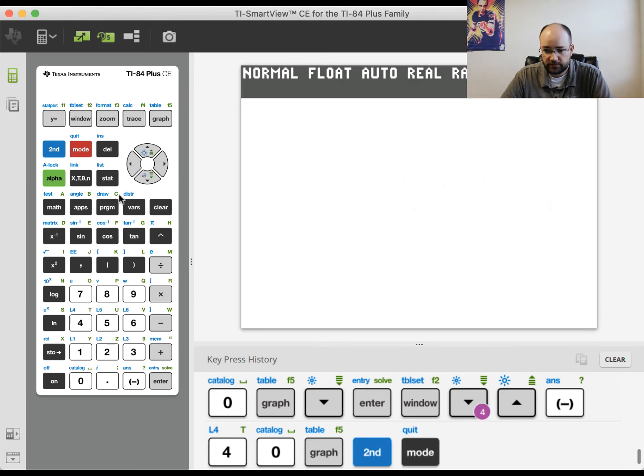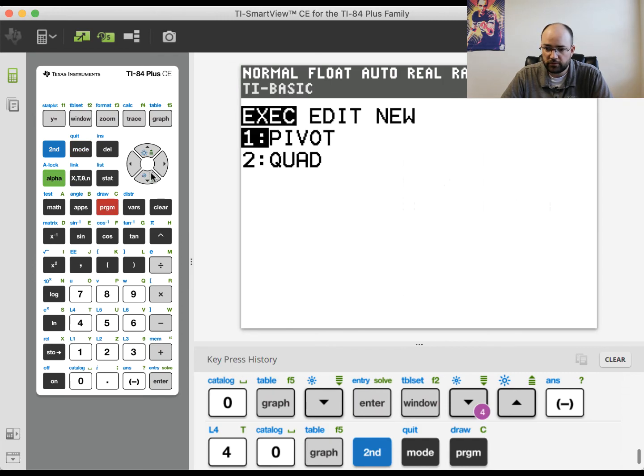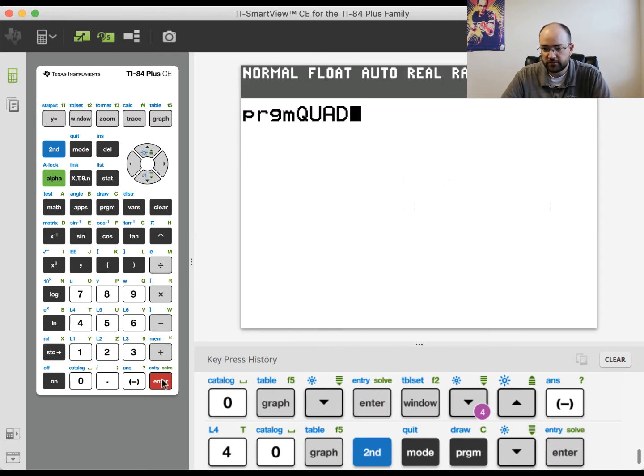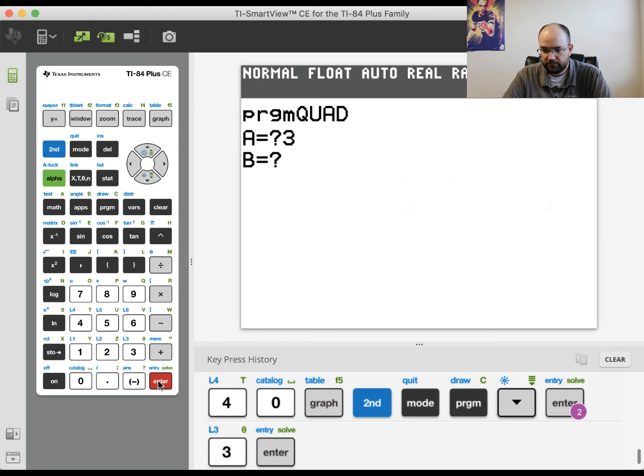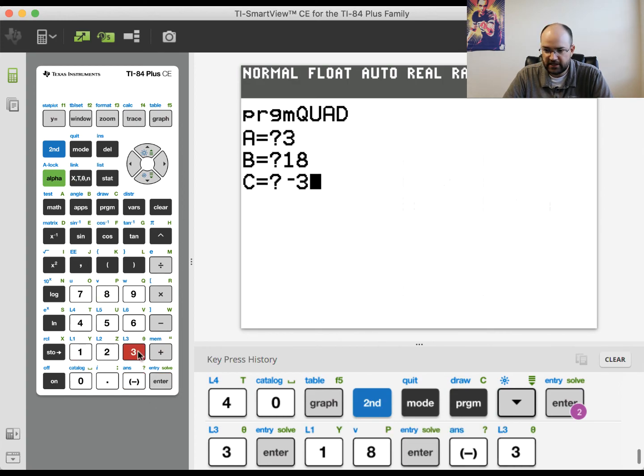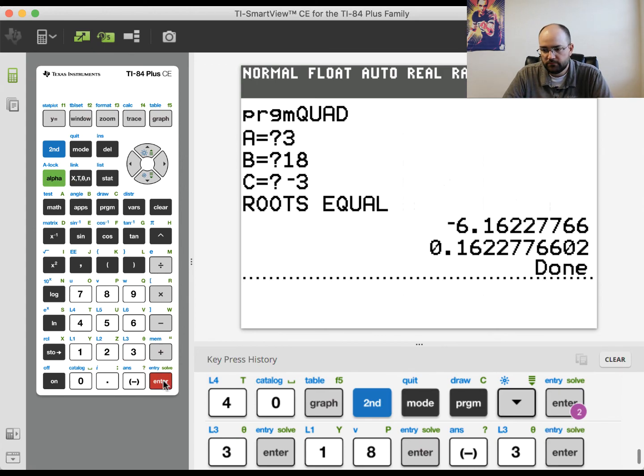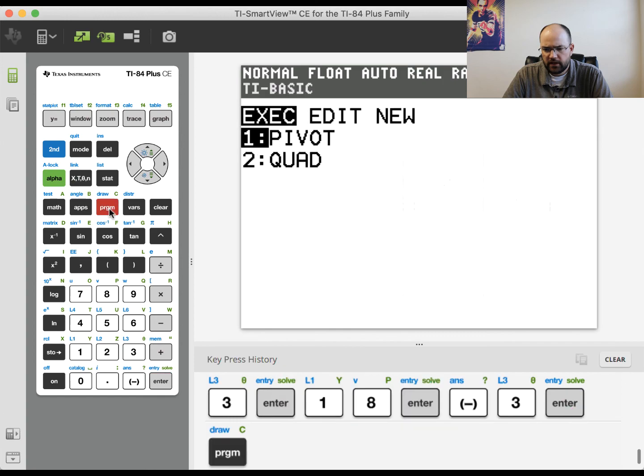Now, to use the program, let's go to program and then click on quad, or just click number 2, and then click enter. A here is 3, B is 18, C is negative 3. Now make sure it's the negative sign, not subtraction. I'm kind of curious.